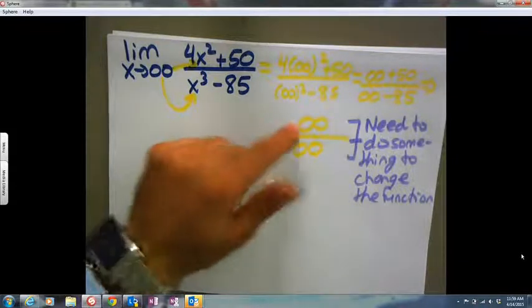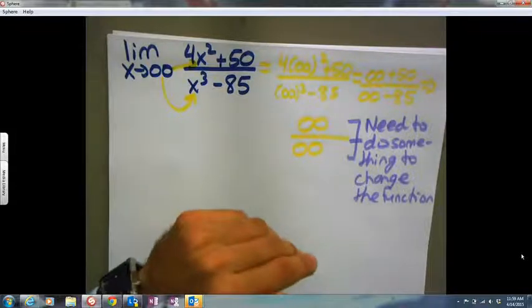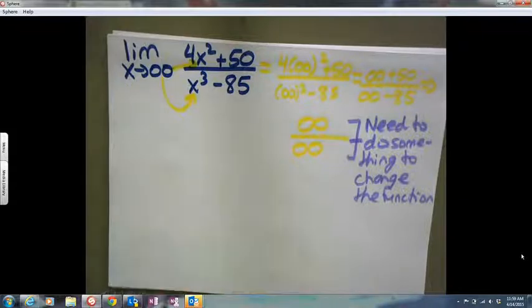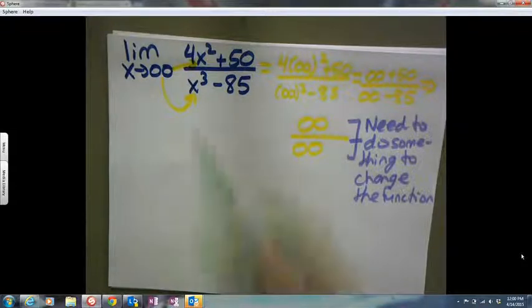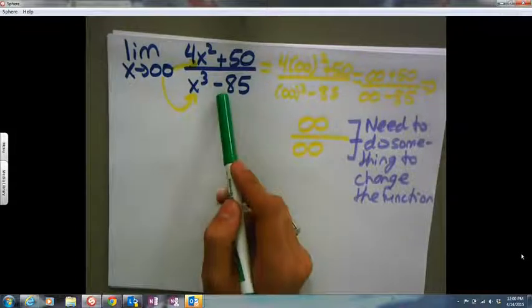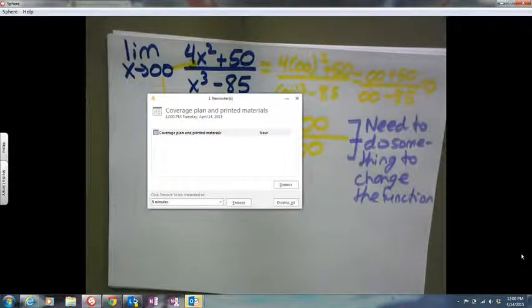So this was an interesting question asked in the previous class, and the reason it's not 1 is because, yes, both the numerator and denominator approach infinity, but they approach infinity at different speeds. What I mean by that is the following. If you plug in 100, the bottom is way bigger than the top.